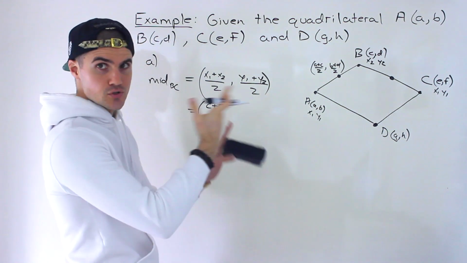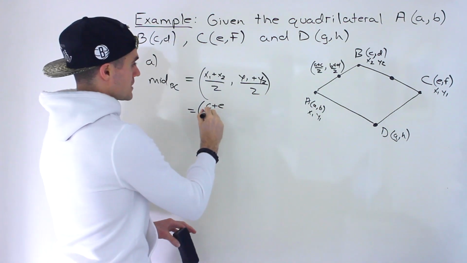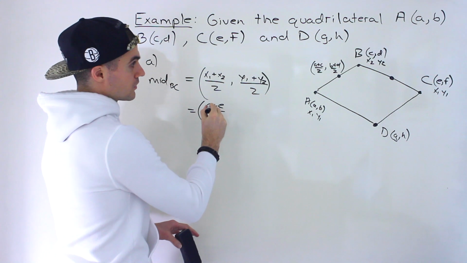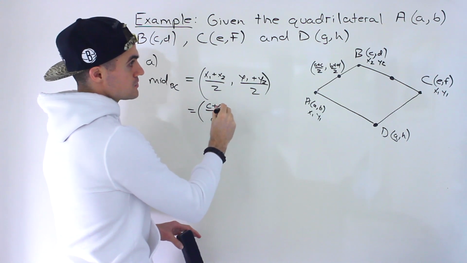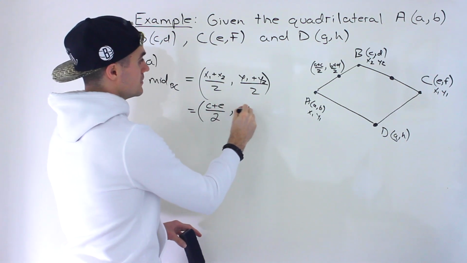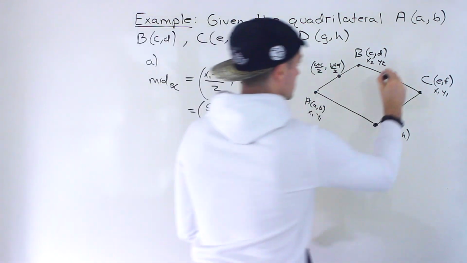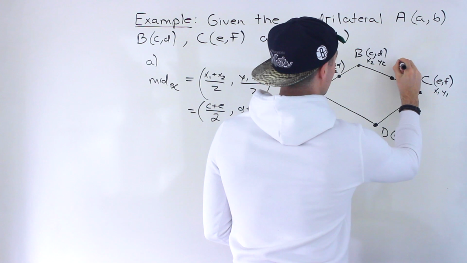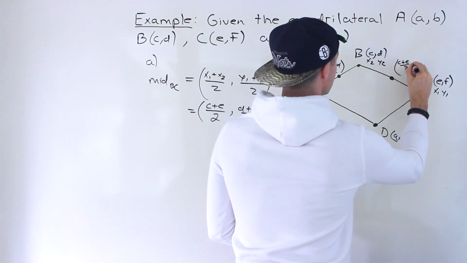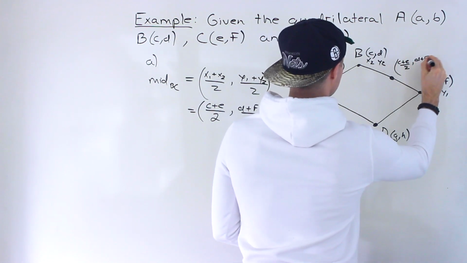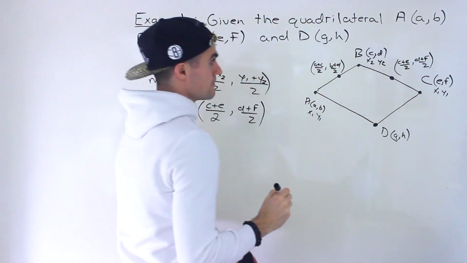It doesn't matter which way you do it. I'm just going to keep it in alphabetical order. So we'll have c plus e divided by 2, and then d plus f divided by 2. Right? So that's going to be this midpoint over here: (c plus e over 2, d plus f over 2), like that.